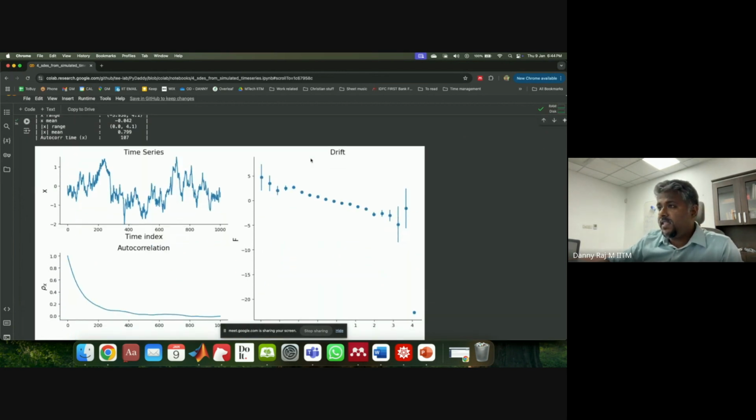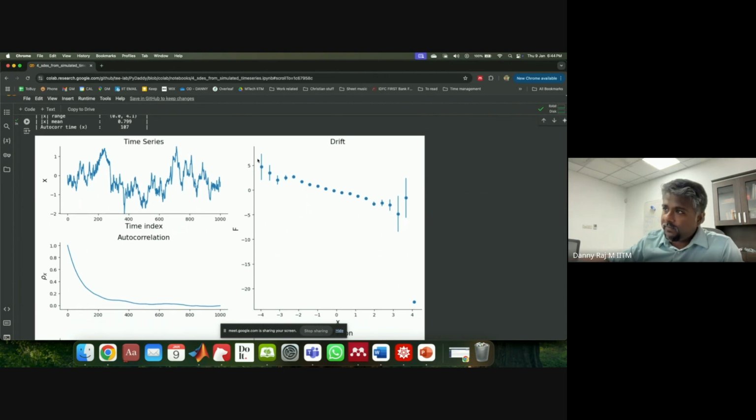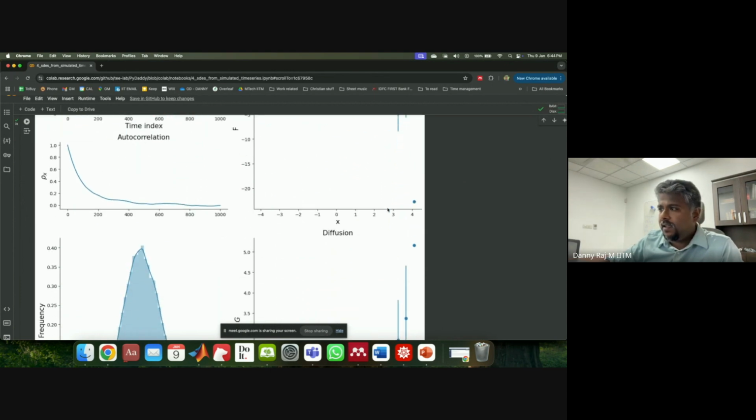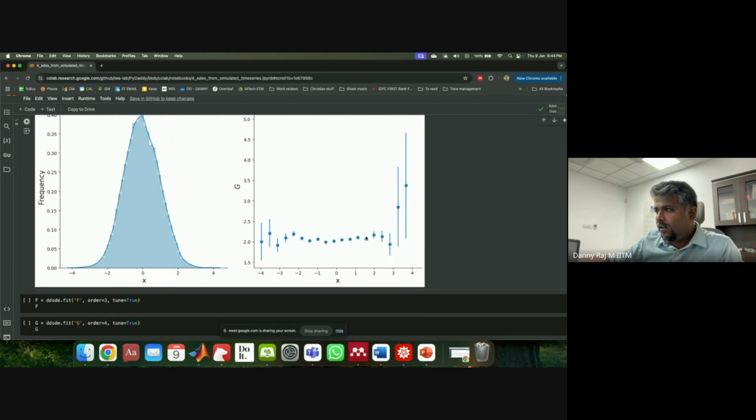Now here is the estimate of the drift. You see that it captures that linear. So there are some exceptions like this, but you sort of get the linear decreasing. And the diffusion, the sort of a constant thing. Of course, there are some blowing up towards the edges, but otherwise you get this.